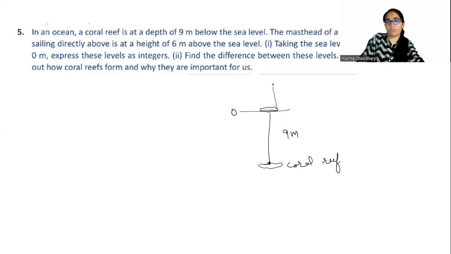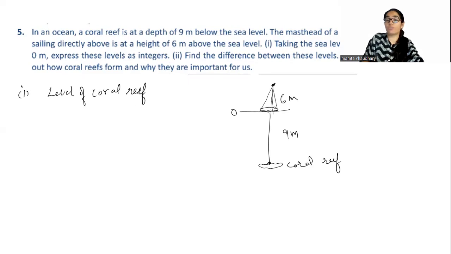So here we have that boat's mast. It is here, 6 meters. Taking the sea level as 0, express these levels as integers. Okay, so let's first express the level of coral reef.